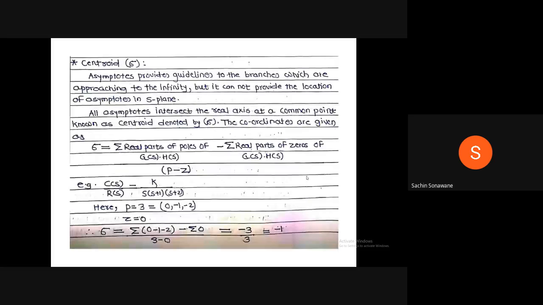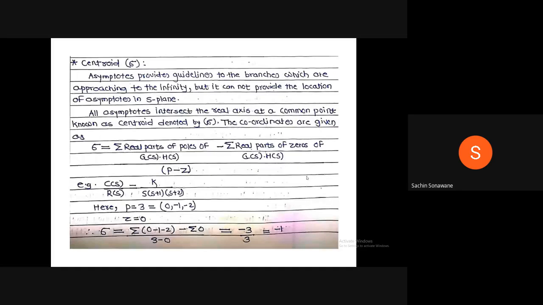P minus Z is equal to 3. Therefore, you substitute 0, 1, 2 for q, and you will get theta 1 is equal to 60 degrees, theta 2 is equal to 180 degrees, and theta 3 is equal to 300 degrees. Here q always starts with 0. Asymptotes are always symmetrically located about the real axis. Real axis means x axis.